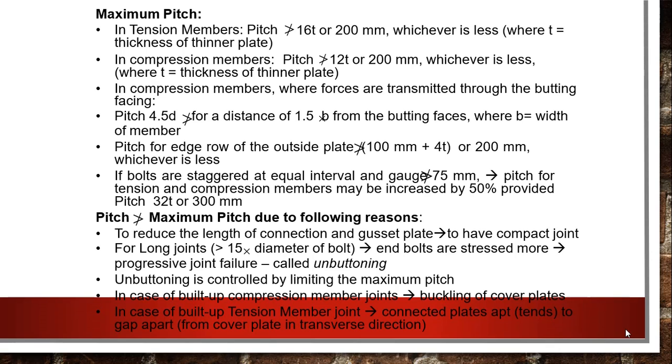Unbuttoning is controlled by limiting the maximum pitch value. In case of built up compression member joints, it gives buckling of cover plates, right? In case of built up tension member joint, the connected plates tend to gap apart from cover plate in transverse direction. So basically this is the specification of pitch, right? It is a very important criterion for the design concept.